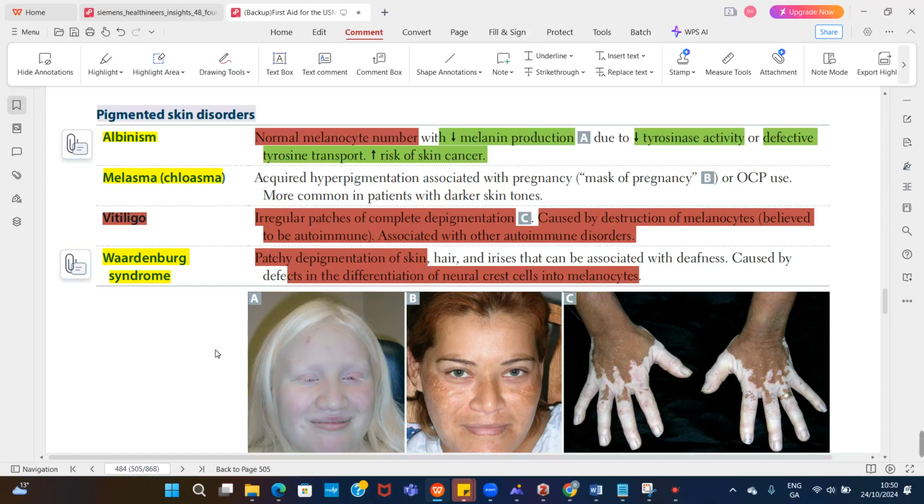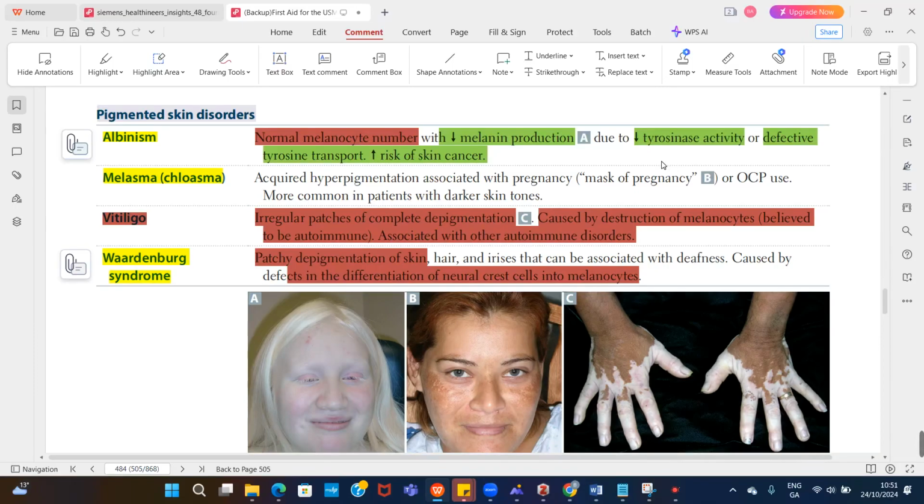What can be the reason why this melanin is not being produced? It can either be from the fact that you don't have the enzyme that helps to convert your tyrosine to melanin, which is the tyrosinase enzyme.